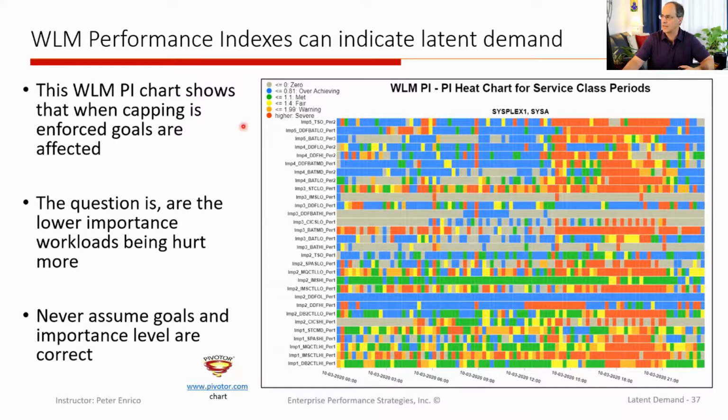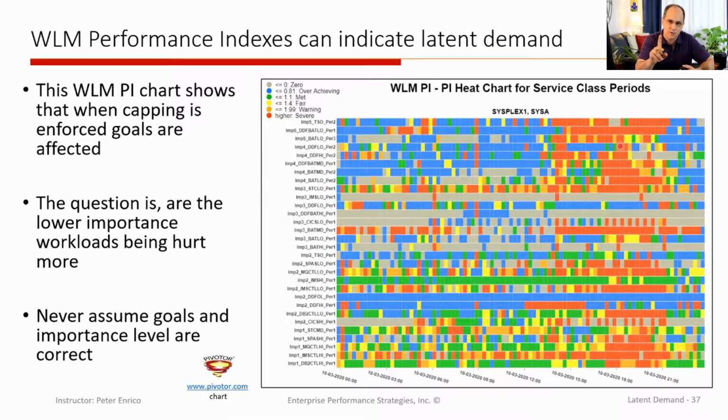Now, in this particular case, we can see here on the right-hand side that during periods of capping, we're not just capping, we're hitting 100% utilization, and our performance indexes are suffering here.